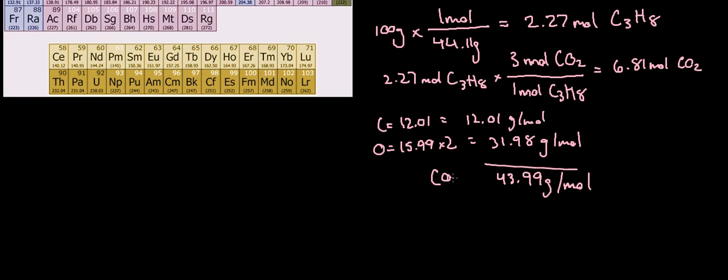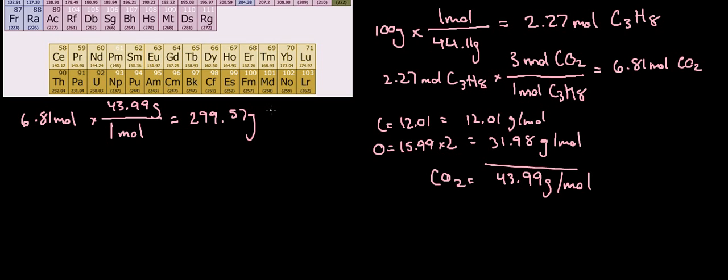And this is the molar mass of CO2. Now I can use this to figure out the grams of CO2. I have 6.81 moles of CO2, and 1 mole has a mass of 43.99 grams. Now I do this multiplication, and this gives me 299.57 grams of CO2. So this is one of the answers.